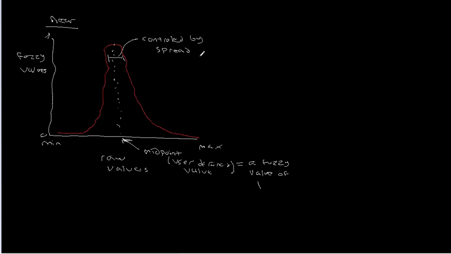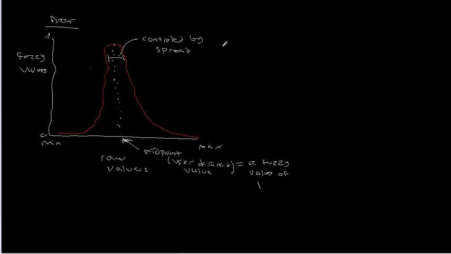So one parameter we have is picking where we actually center this near function. The other parameter we have is called spread. Spread essentially controls how quickly the fuzzy values decline away from the midpoint.